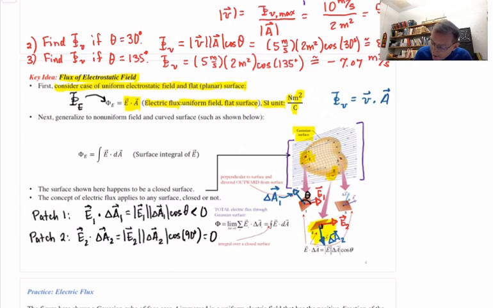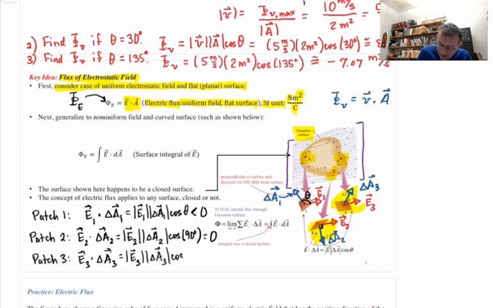One more patch, the patch marked over here, 3. See it on this end? And then here's the zoomed in version right there. What's the delta A arrow for that little patch? Well, it's perpendicular and outward, so that's roughly like that. And the electric field vector there happens to be going in this direction, E3. And then we find the electric flux through patch 3 by doing E3 dot delta A3, E3 delta A3 cosine theta.